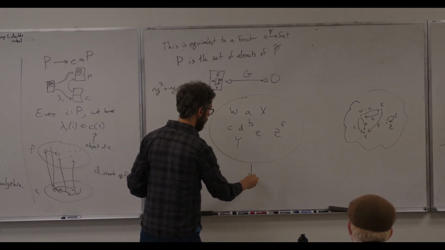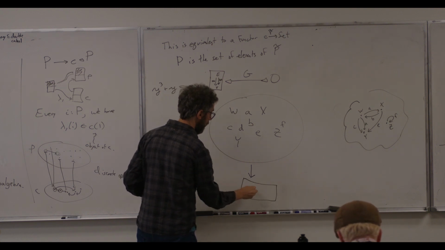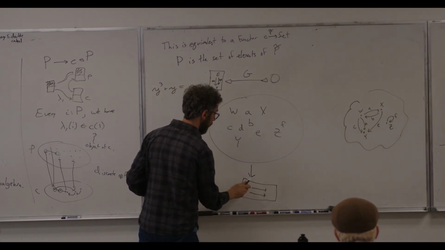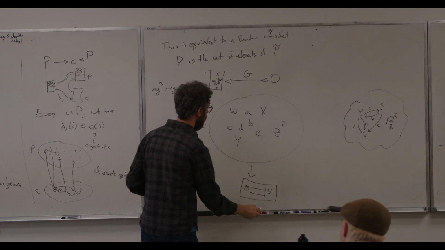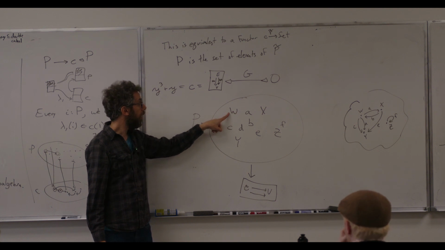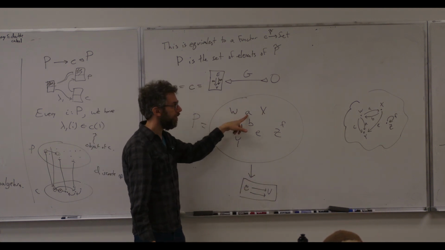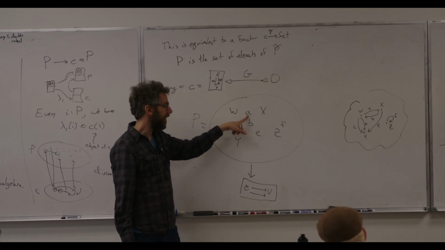And this maps down to E and V. Where does W go? V. Where does A go? E. Yep.